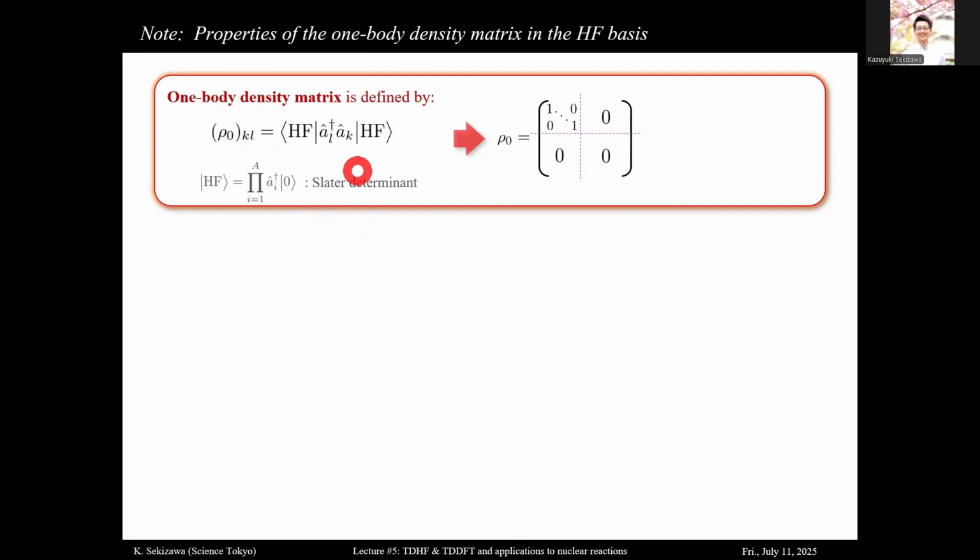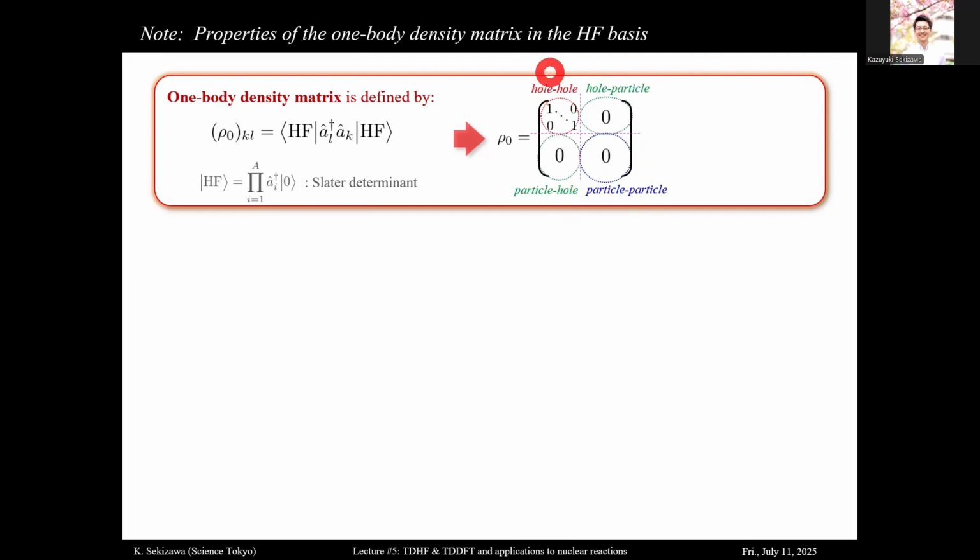The bra and ket states can be any state, but in this case we choose Hartree-Fock states, and the kl component of the density matrix is given by <a_l dagger a_k>. Using the fermionic anti-commutation relation, you can show that this becomes finite, giving 1, only when k and l are occupied or hole states, and any other components of the one-body density matrix are 0. This is a special property of the one-body density matrix in the Hartree-Fock theory.